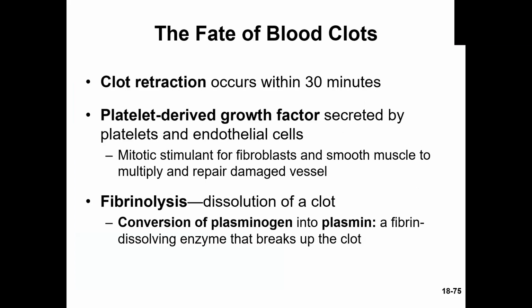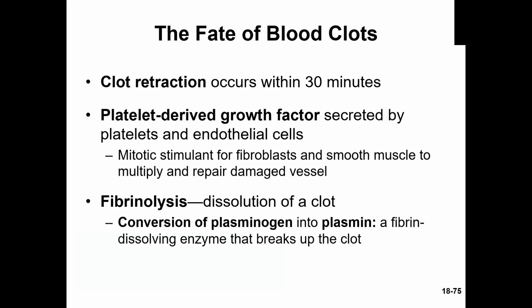The fate of blood clots, again, we walked through this. Let's look at some of the names of the chemicals. In the dissolving of the clot, we have something called platelet-derived growth factor that's going to be secreted by platelets and the tissue. So we have something from both pathways helping to remove the clot.